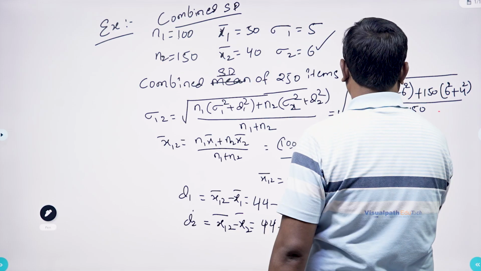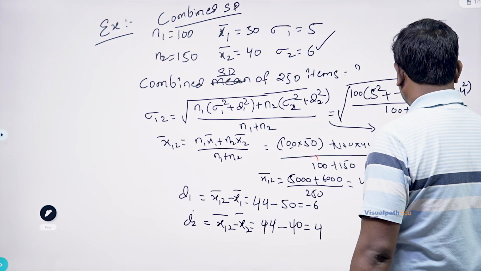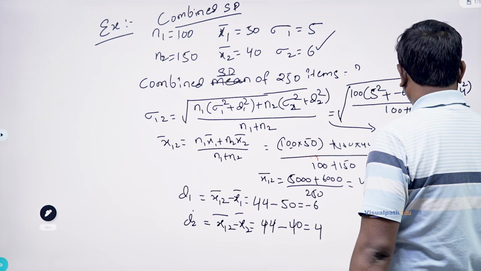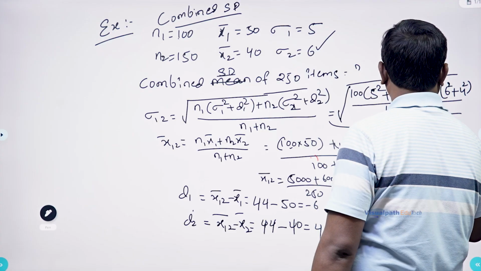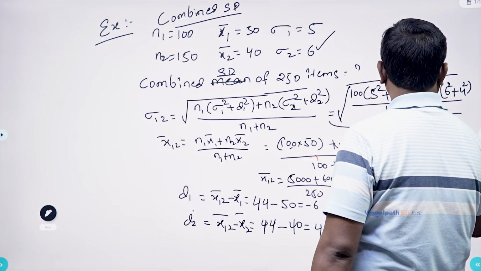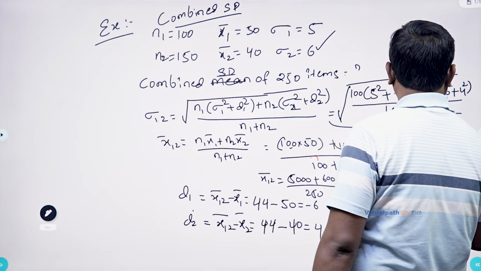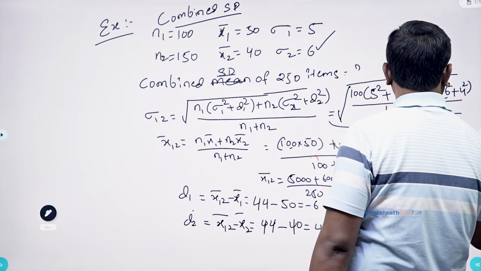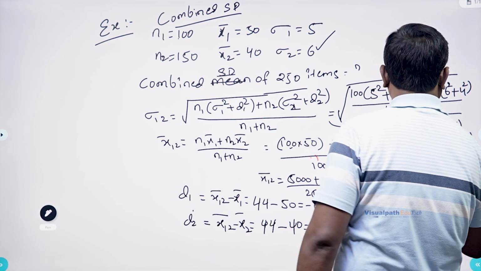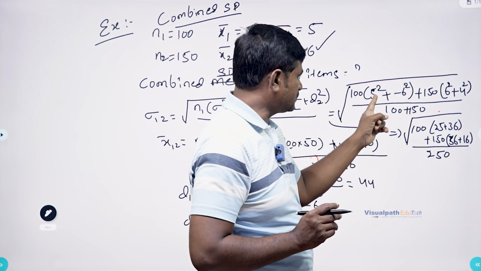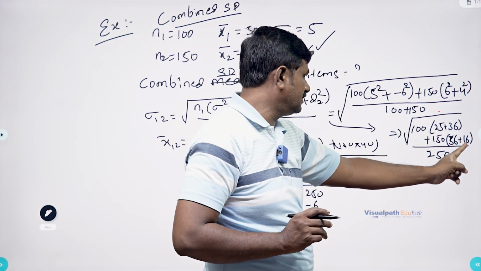To simplify: 5 square is 25, 6 square is 36, and 4 square is 16, so 100 into 25 plus 36, plus 150 into 36 plus 16, by 250.